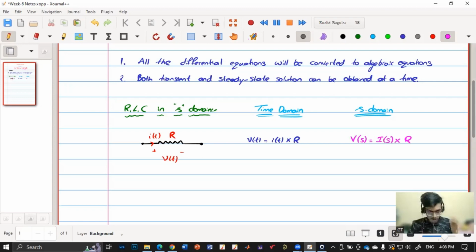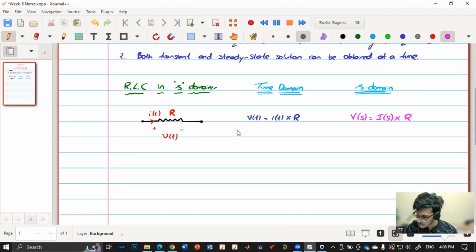Times R. So for a resistor, the S domain equivalent of R is still R. Whereas in the case of other components like a capacitor and an inductor, if we consider the inductor now, we have i of t, inductor L, and voltage is v of t.